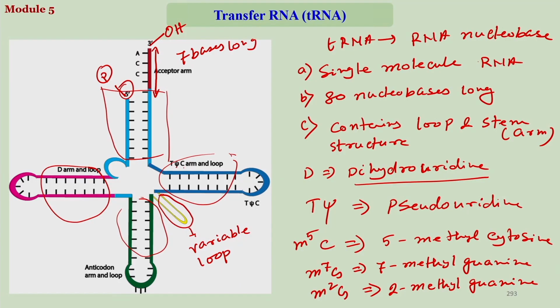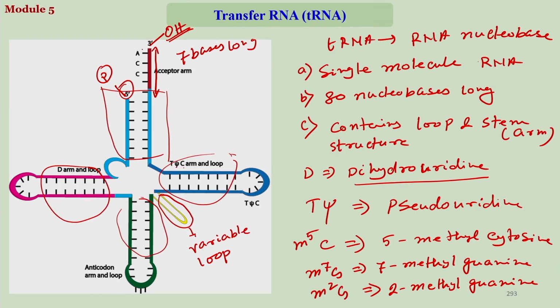ACC, this sequence is common, it is fixed for all tRNA, and then at the 3' end you have a hydroxyl group, and this is where it reacts with the amino acid and attaches an amino acid in this position. That is how a tRNA would be able to carry a specific amino acid.